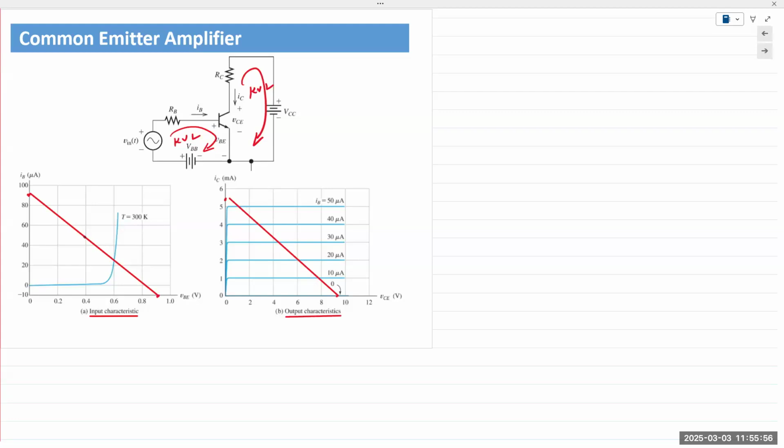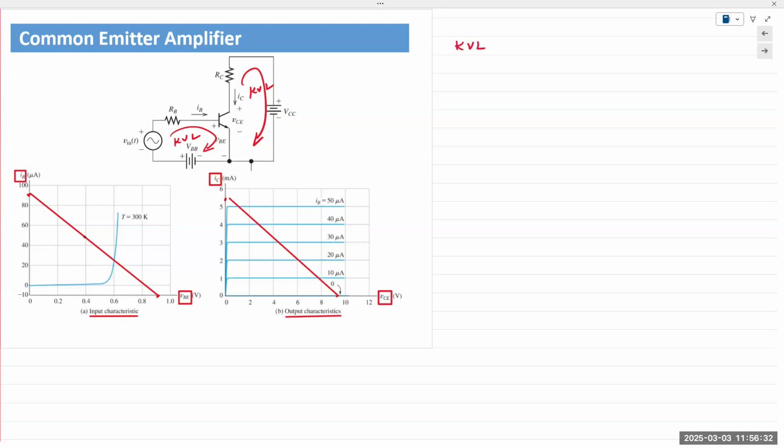If you want to determine the load line, simply apply KVL. You obtain an expression which has both the input voltage, VBE, and the input current, IB. On the output side, we have voltage VCE and current IC. So you want to generate an equation that has both of these quantities in there.